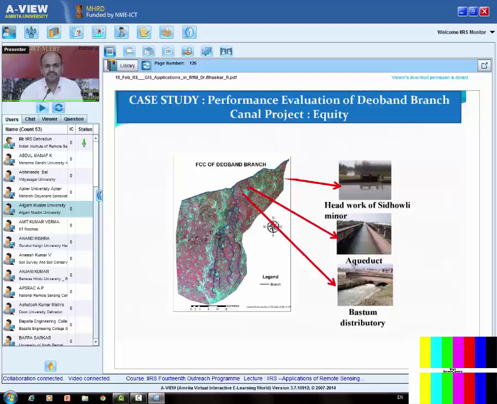Now, the challenging part in performance evaluation is knowing the equity of distribution. There is no direct performance evaluation indicator to analyze the equity of water distribution. But scientists have tried, we have tried to use remote sensing data to know whether the water is being distributed equitably or not.